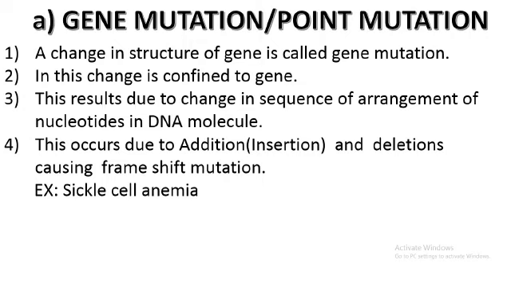Why? That is because of a change in the nitrogenous base sequence, which in turn changes the coding of the amino acid. About that we will see in the next part, that is genetic disorder. So at present the best example for point mutation or gene mutation is sickle cell anemia.